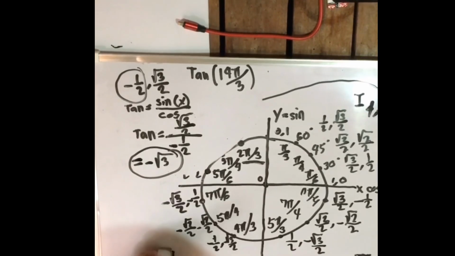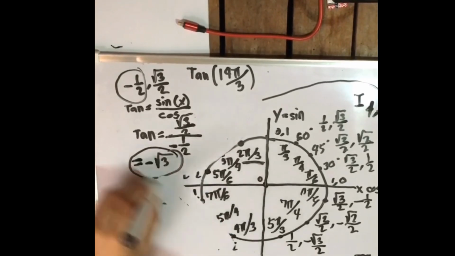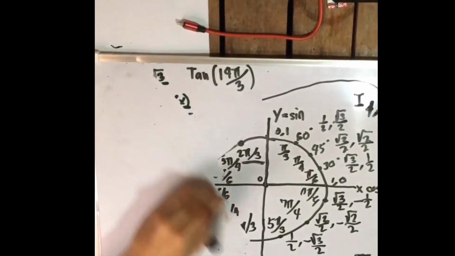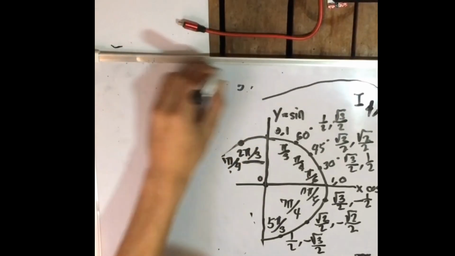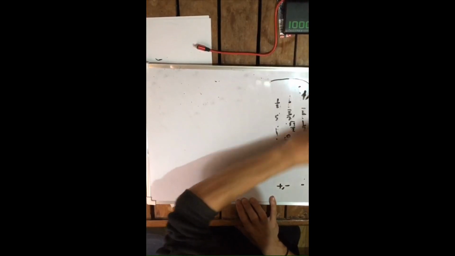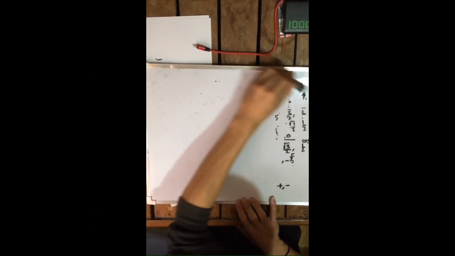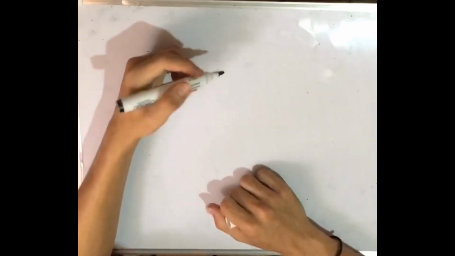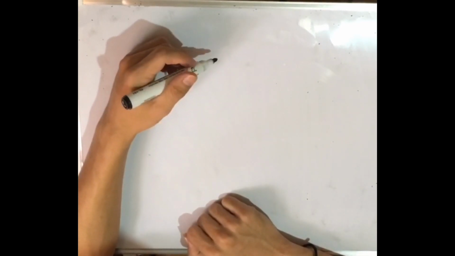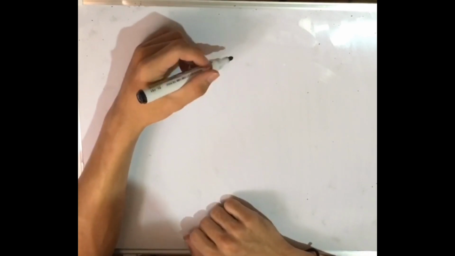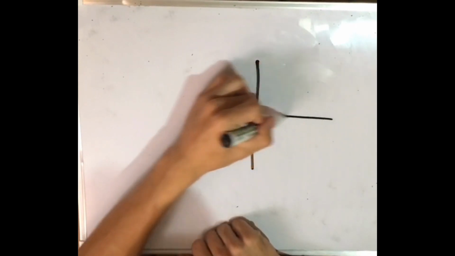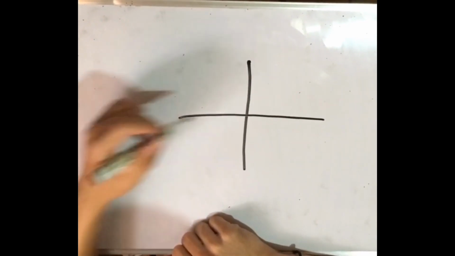Now let's proceed to coterminal angles and how to find the coterminal angle, since we already know the circle. For example, how to find the coterminal angle of this.